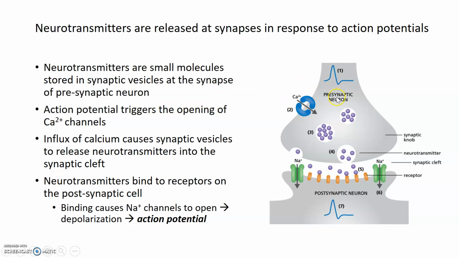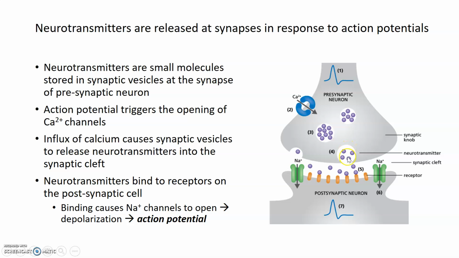So action potentials travel down axons to axonal terminals, which you can see here. And that action potential triggers the opening of calcium channels at the axonal terminal. That influx of calcium into the cell triggers the release of what are called synaptic vesicles that are filled with small molecules called neurotransmitters.